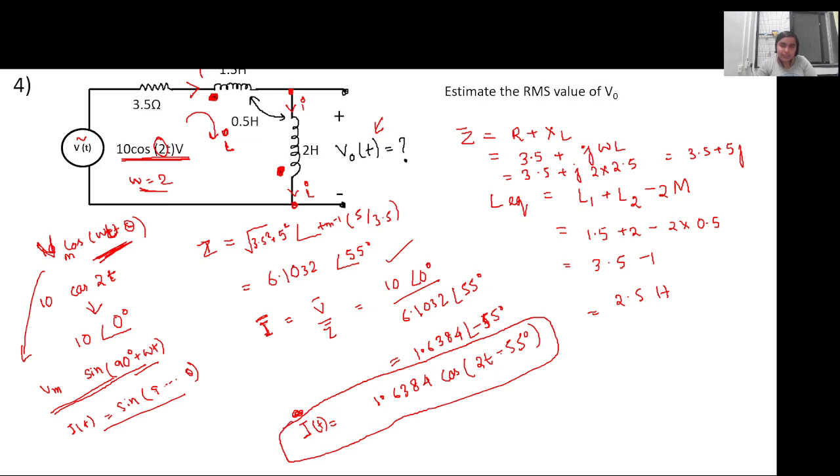It is an inductive circuit with a little bit of resistance. If it were purely inductive, it would have been 90 degree, but since there is resistance, there is some phase angle between the current and the voltage. So this is fine up to this much. So what will be V naught t? Let me copy the diagram once.